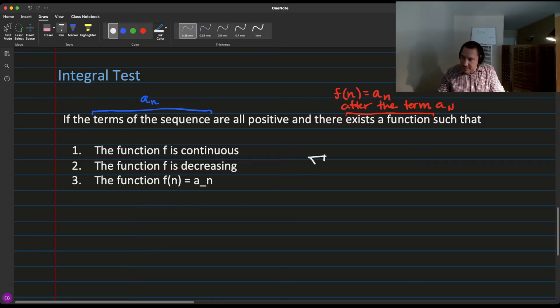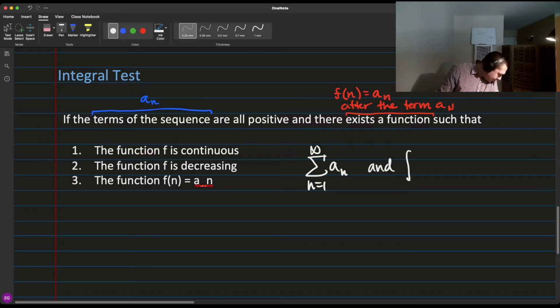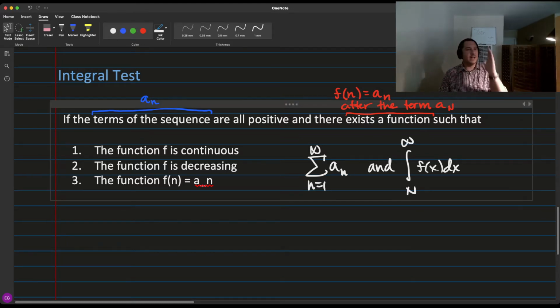The infinite sum, the series of the terms in that sequence, and the integral of f of x dx integrated from big N to infinity, where big N is the number after which the function agrees with the explicit formula of the sequence.